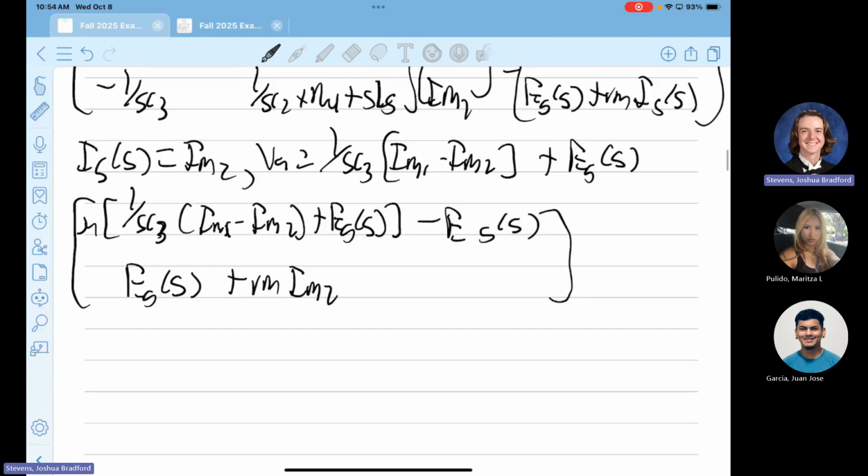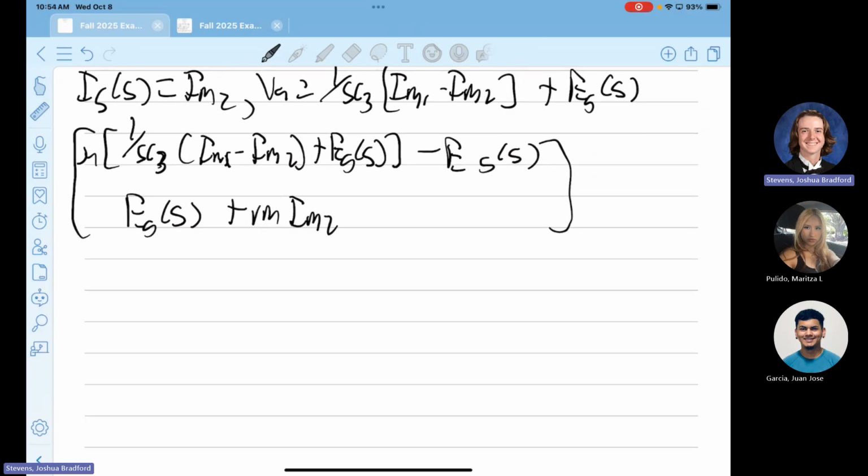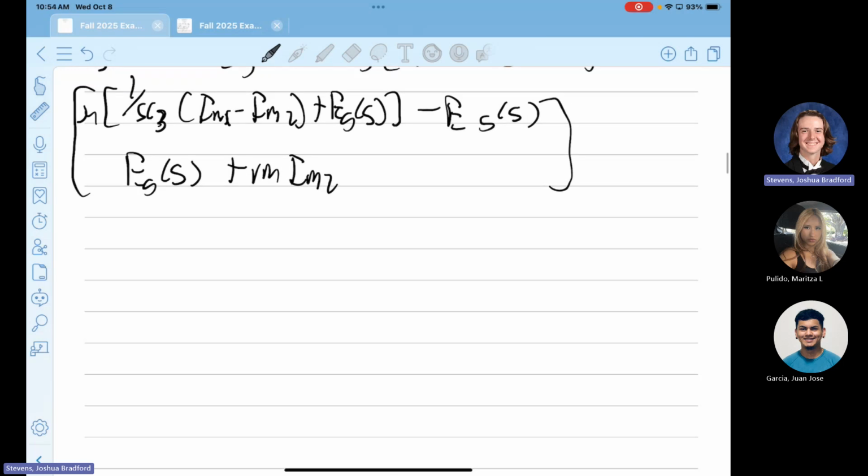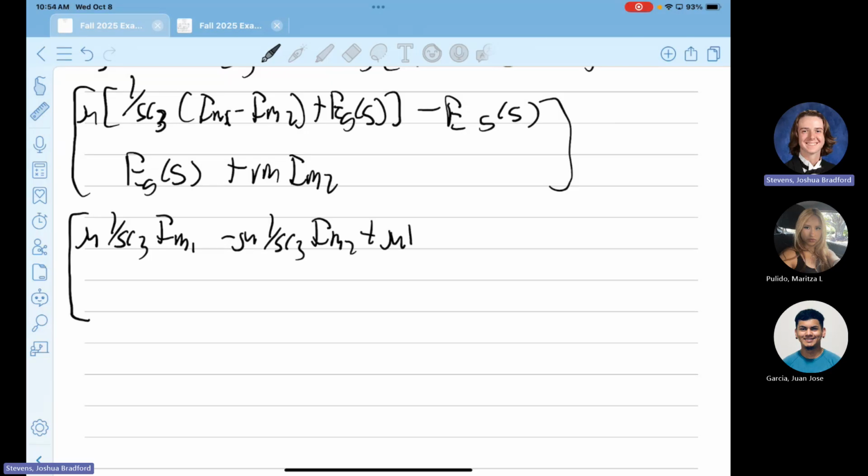Yeah? Okay, cool. All right, now I'm going to multiply everything out because stuff can cancel. Okay. So I then have mu times 1 over SC3 IM1 minus mu times 1 over SC3 IM2 plus mu EG of S minus EG of S. And this just becomes EG of S plus RM IM2.